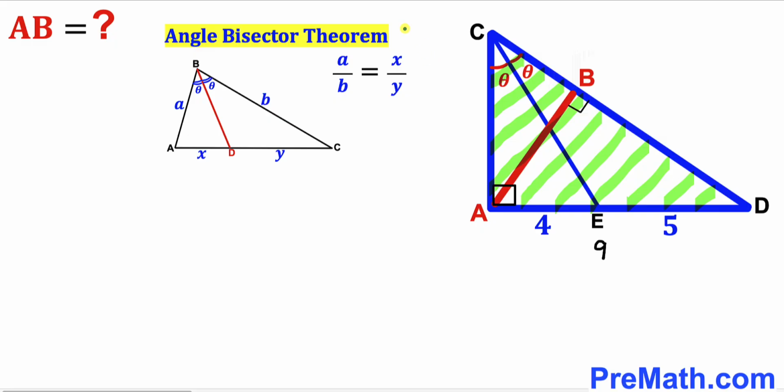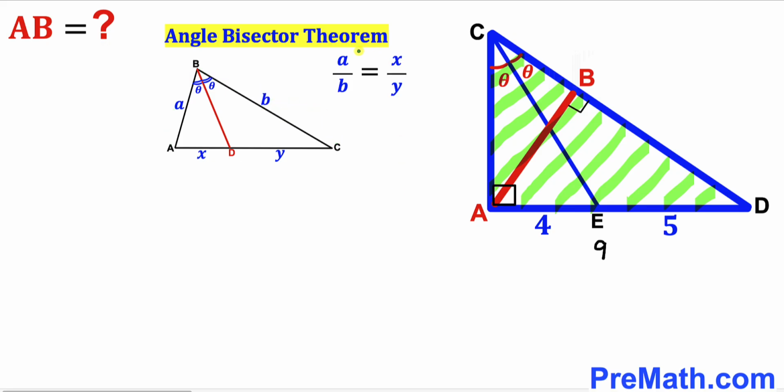Let's recall the angle bisector theorem. As you can see in this diagram, we have a triangle ABC along with this angle bisector BD, such that segment AD is represented by x, segment CD is represented by y, side AB is lowercase a, and side BC is lowercase b.